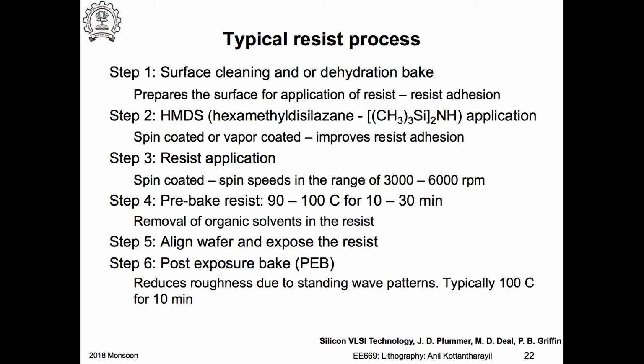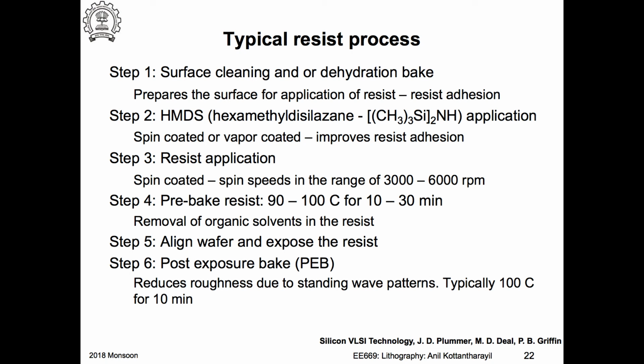Then you do a resist application, of photoresist. This is by a spin coating process. Usually the wafer is placed on a circular disc which can be rotated at high speed, and then in the middle of this wafer you drop measured quantities of the photoresist.